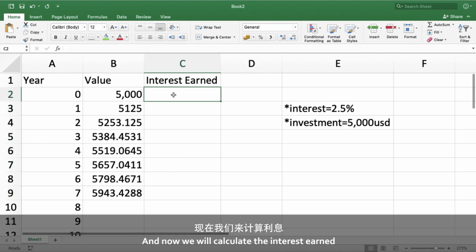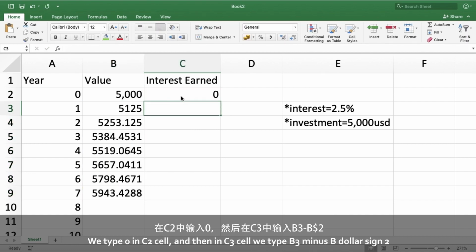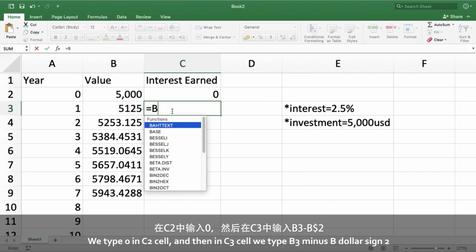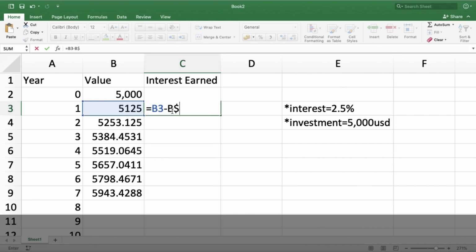And now we will calculate the interest earned. We type 0 in C2 cell, and then in C3 cell we type equal B3 minus B$2.